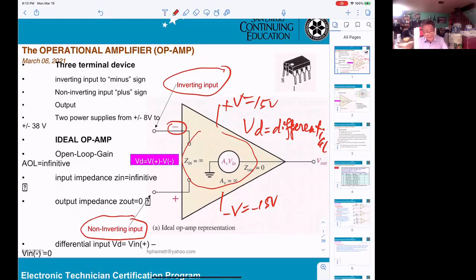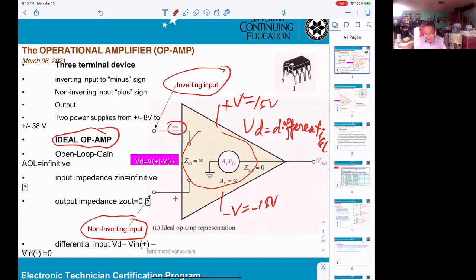VD, by definition, is equal to V at the positive minus V at the negative. Okay. Now for the ideal op amp, we get two kinds of gain. One is the open loop gain, and one is the closed loop gain.